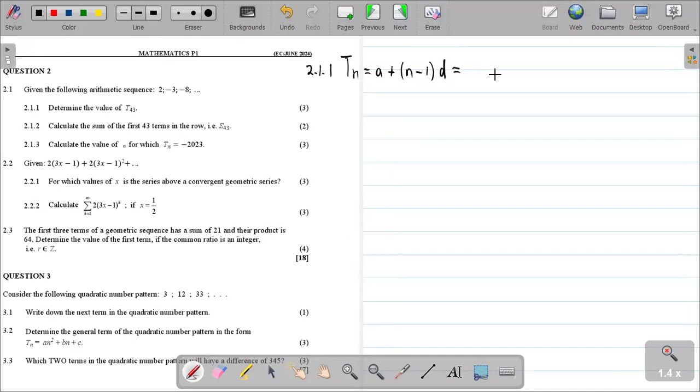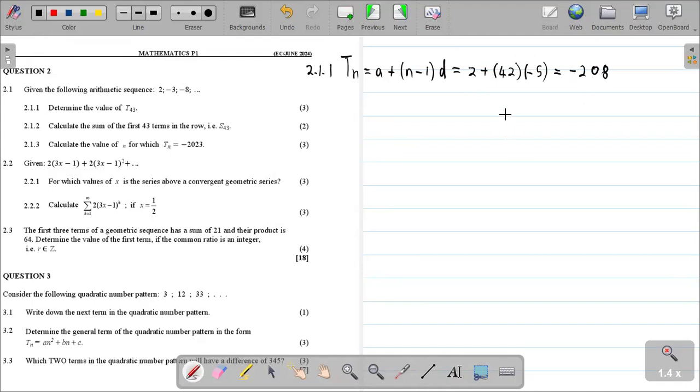So it is equal to a, which is 2, plus n minus 1, which is 43. So it's going to be 42 here, because it's 43 minus 1. And then the difference here is, we look at the constant difference, which is negative 5. So you put all this into a calculator, you get negative 208.